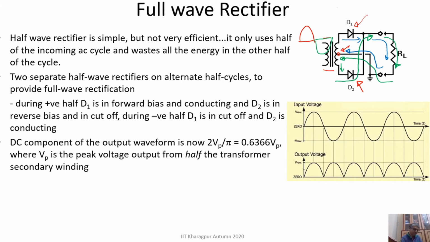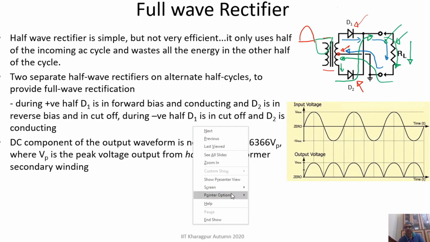Now you see, in both the positive and negative half, the current through RL is in the same direction. If you see this blue line and this green line, that is the direction of the current I am showing. Both in the positive half and negative half of the input, the current flows in the same direction through RL. That means if we plot the output voltage over time, you will get not only the positive half.